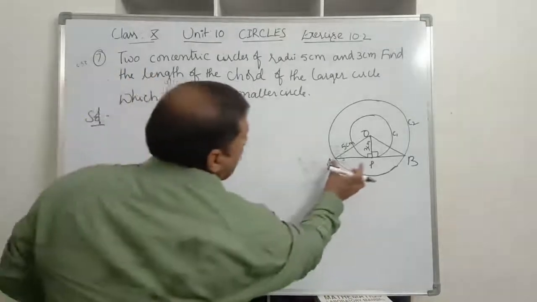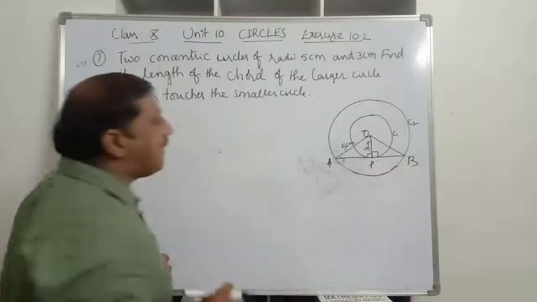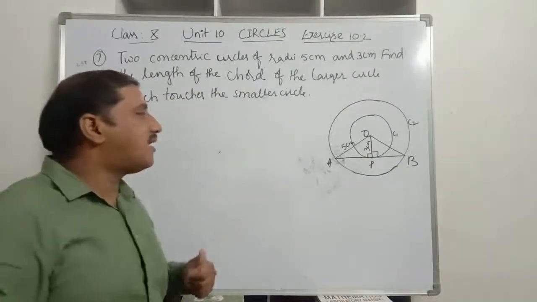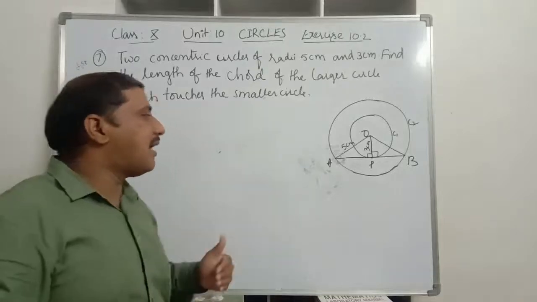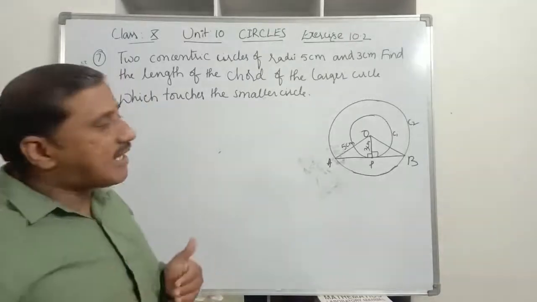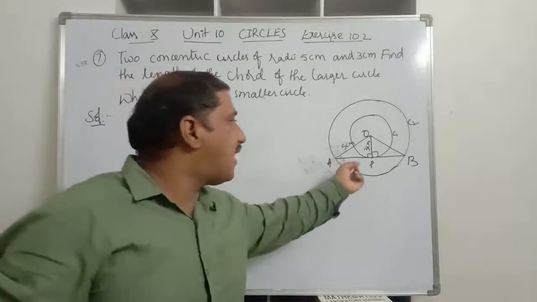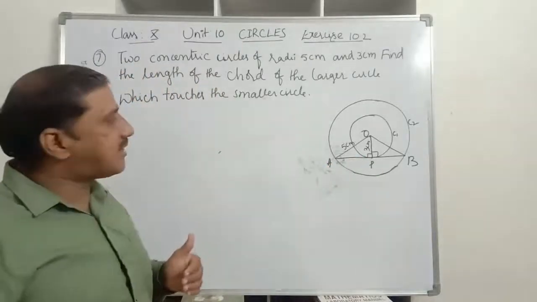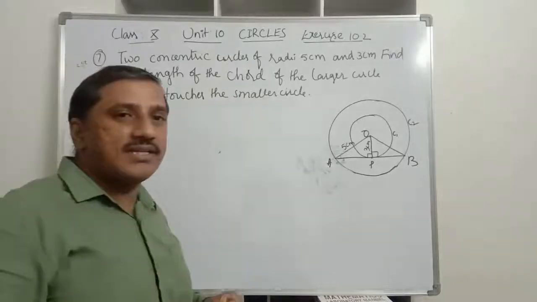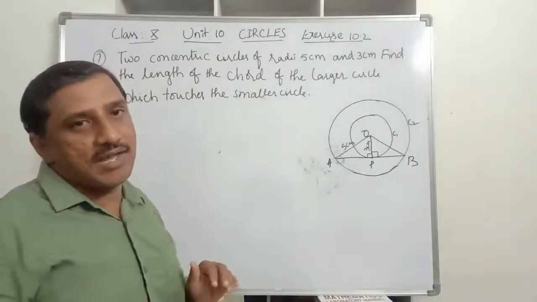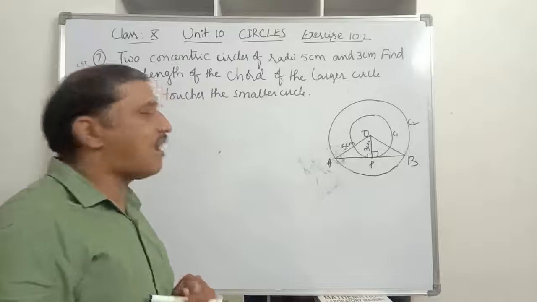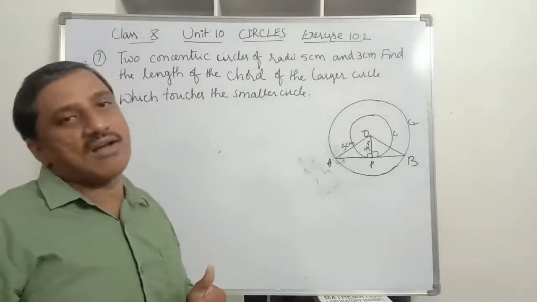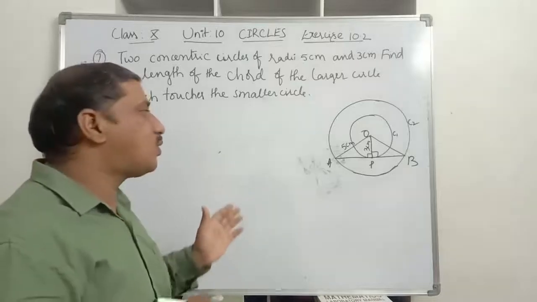AB is equal to AP plus PB. Now to find AB, we find AP, then find PB. Before that, establish a relationship between AP and PB. We studied already, in the first theorem, that the radius of a circle is perpendicular to the tangent at the point of contact. Or we studied that the perpendicular will divide the chord of a circle into two equal parts.